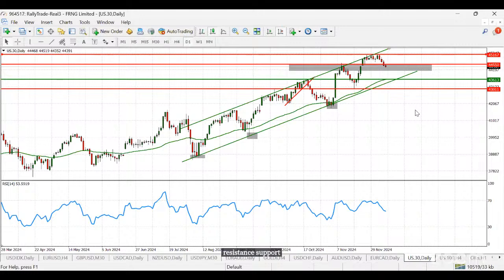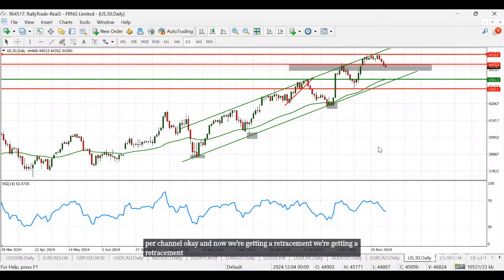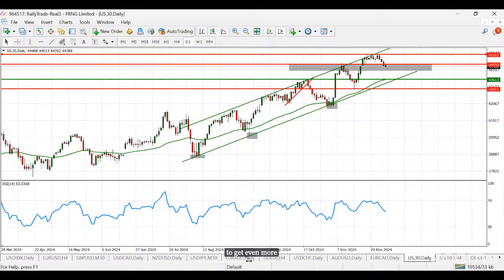Resistance, support, and on like that. And recently retested the upper channel. And now we're getting a retracement. And then we tuned down to the 1 hour time frame to get even more clarity.